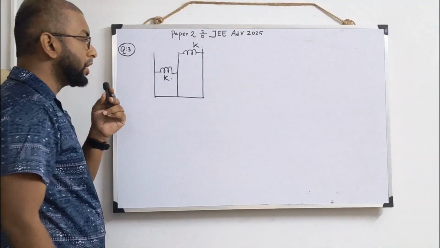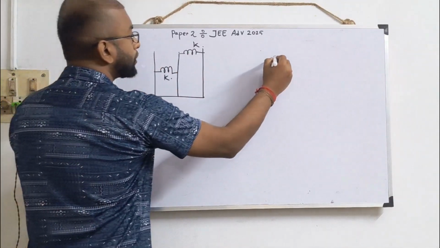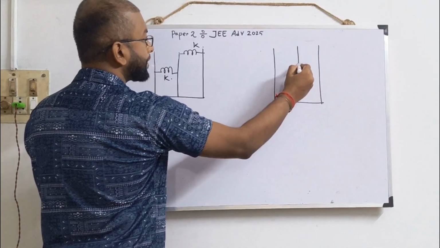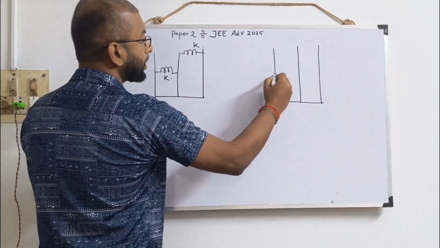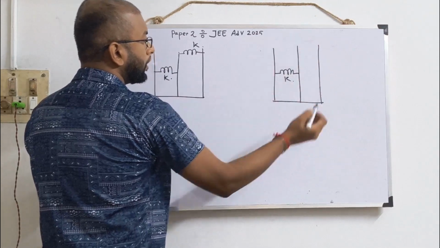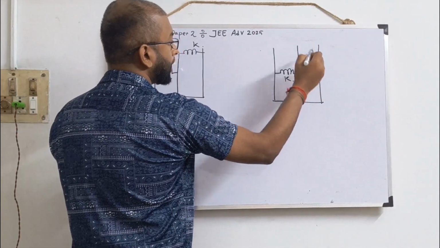Let's assume that spring constant is K, and in figure 2, that is our second case or second arrangement, the same rod is connected to the wall via two springs, but in this case both the springs are connected at the midpoint.